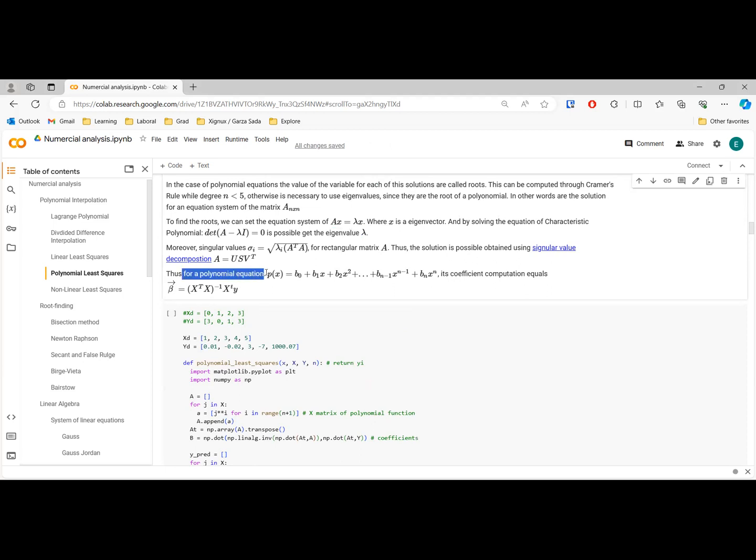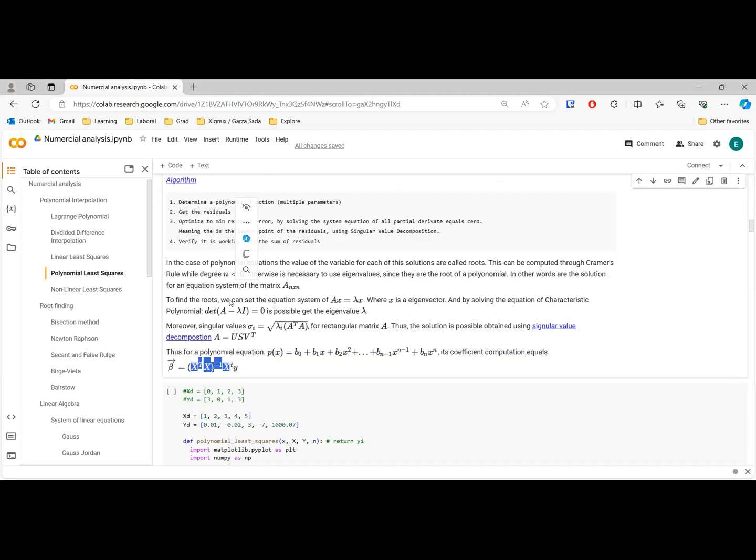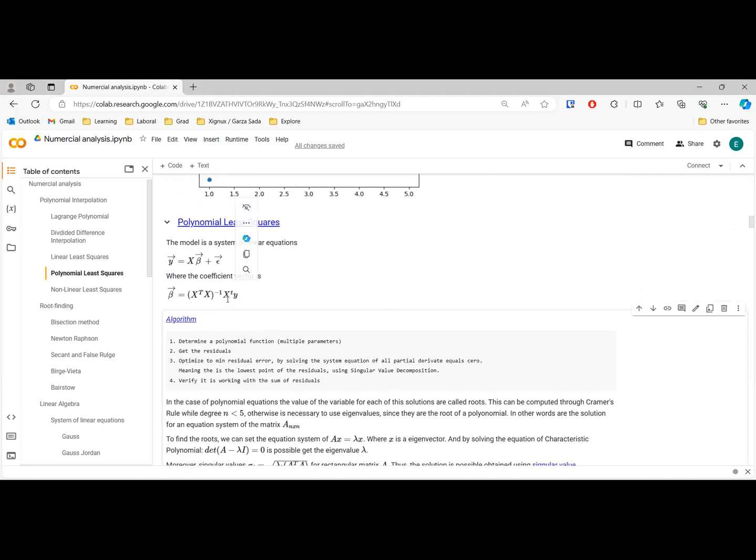Thus, for having this polynomial equation of b0 plus and so on, it's possible to compute through this equation the coefficient vectors.